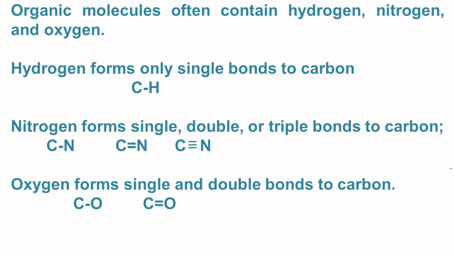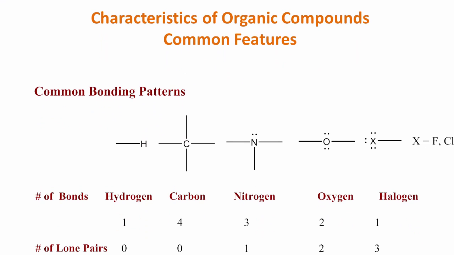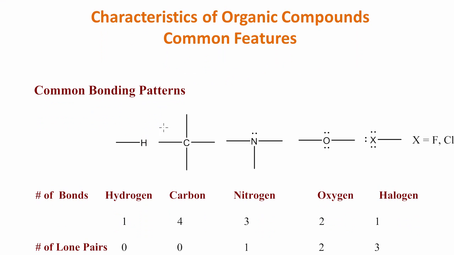So now let's continue talking about some common bonding patterns. And we've already gone over these in Chem 251. So we know that hydrogen will always form one bond with 0 lone pairs on the hydrogen. Carbon always forms 4 and 0 lone pairs on the carbon.